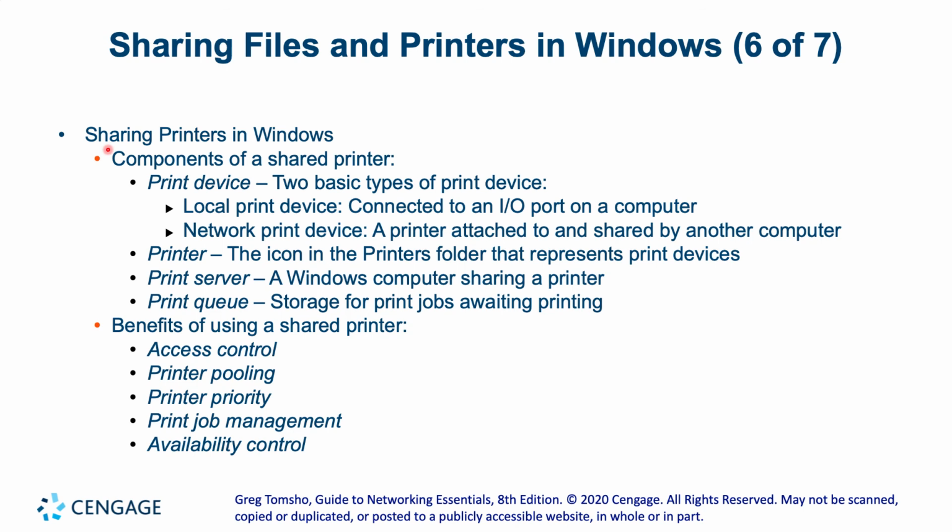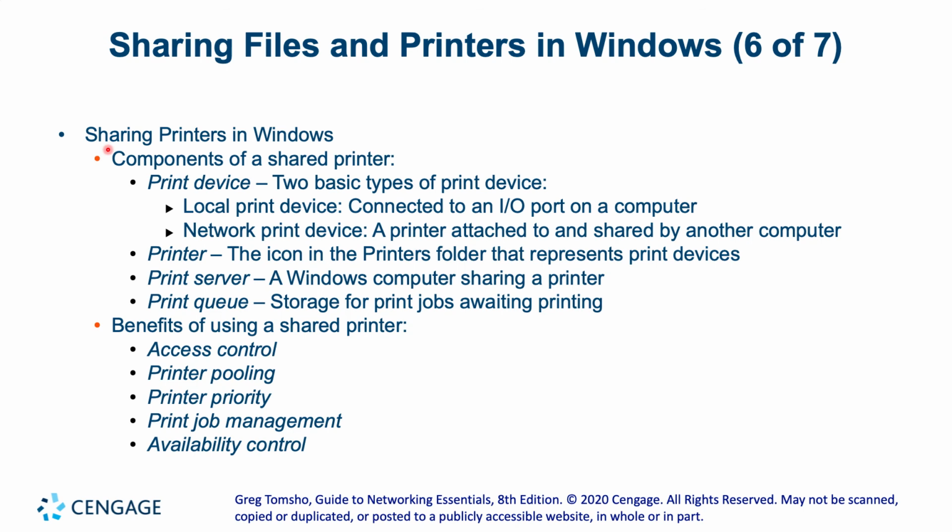I can also share printers in Windows in addition to files. When I share a printer on the network, I've got 4 different components that I have to set up in Windows to be able to access that printer.